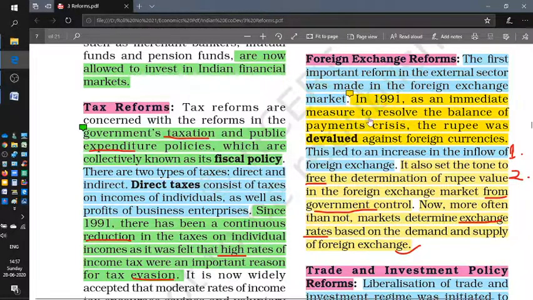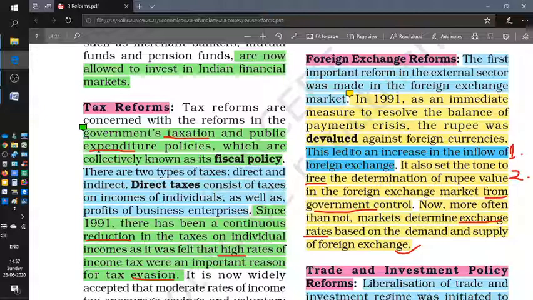Why do we need to devalue? We need to devalue to increase the inflow of foreign exchange. When we lower down the value of the rupee, it means our goods produced from India become cheaper. When it becomes cheaper, we can export, we can sell, and we can get foreign exchange.